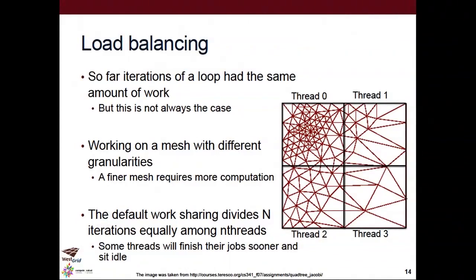But this is not always the case. Sometimes you get for loops in which the load depends on, let's say, the index of that for loop. One example is something I was working on a few years back with a group from power systems here at University of Manitoba.